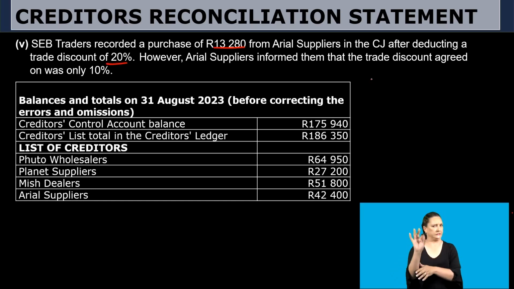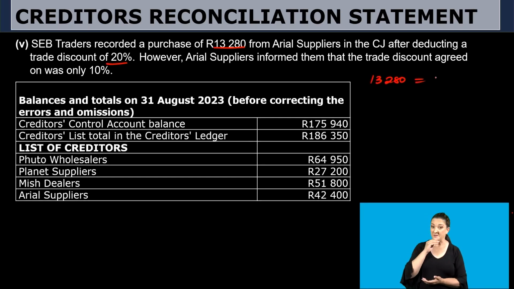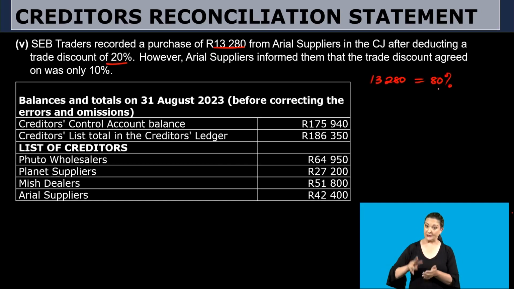So we understand that the 13,280 was 80% of an amount that was marked on these goods, and we're given 20% discount. According to us, we assumed that it was 20%.